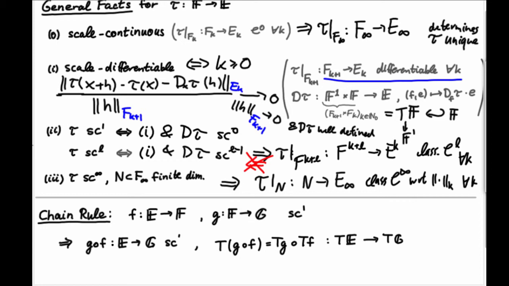So again, not only are scale Banach spaces in finite dimensions exactly boring Banach spaces, also scale smoothness in finite dimensions is exactly classical smoothness. And there's a whole lot of classical differentiability that comes along with scale smoothness.